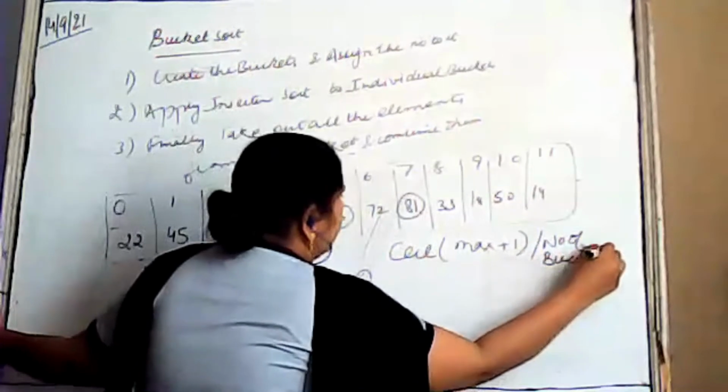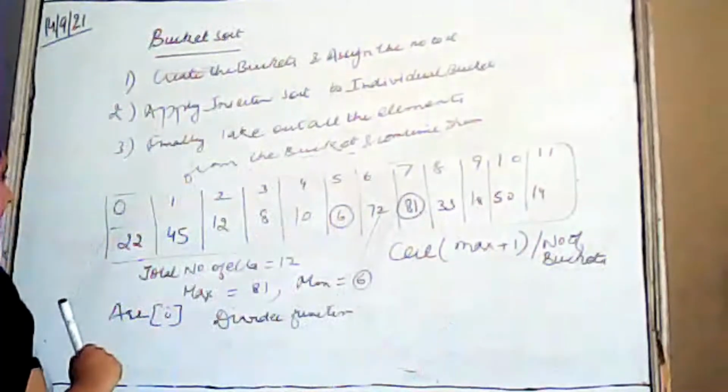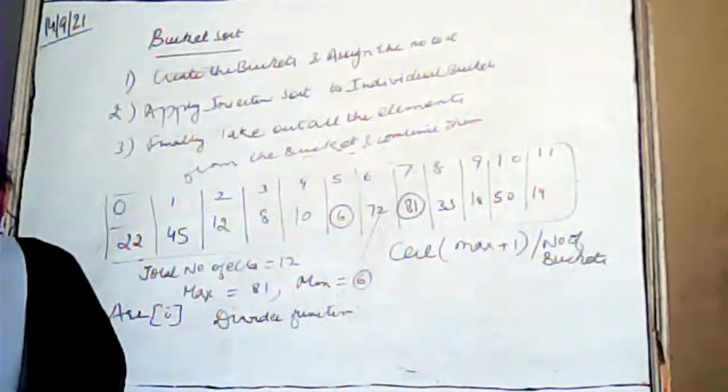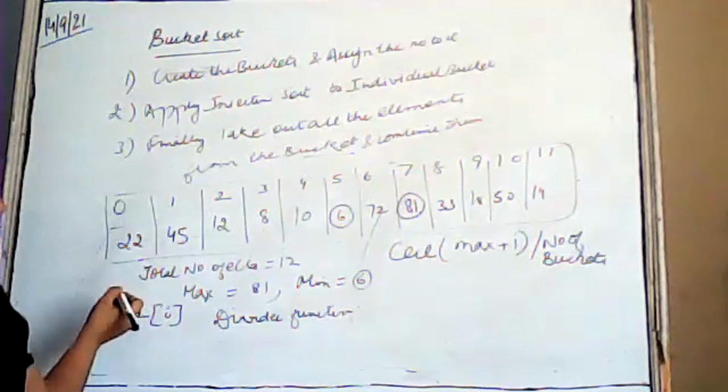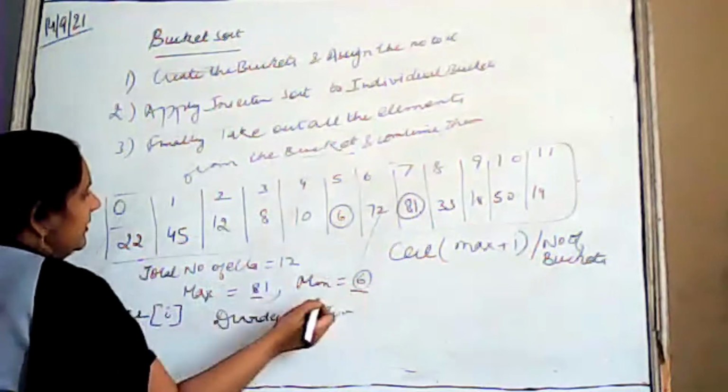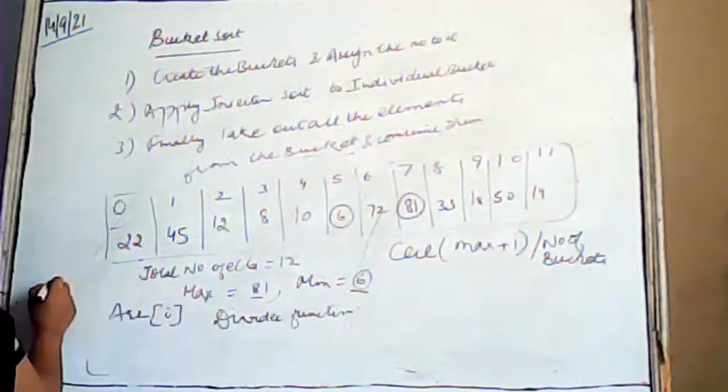Now, how to find the number of buckets? You have the maximum value 81 and the minimum value 6. So you see how much range there is, 6 to 81.